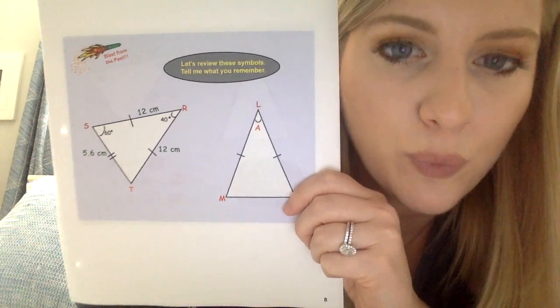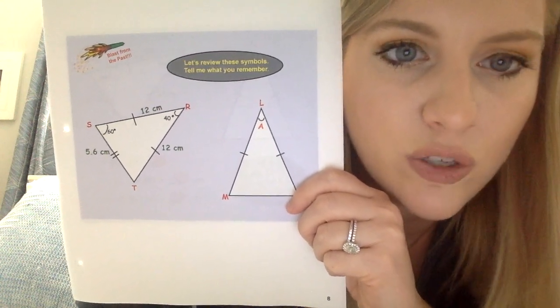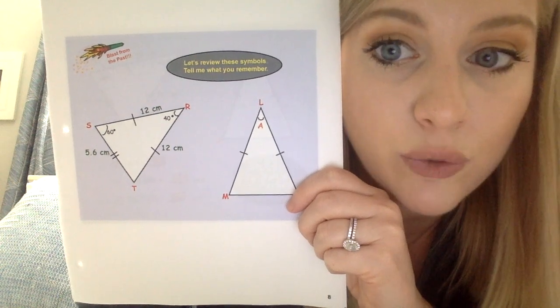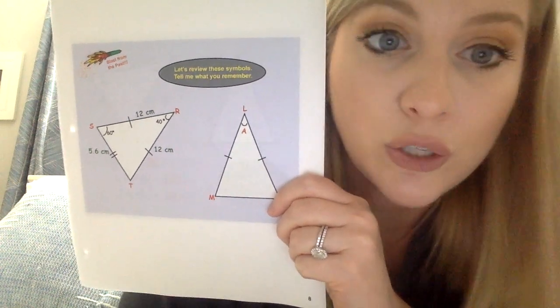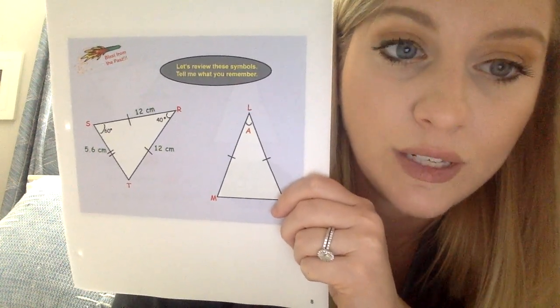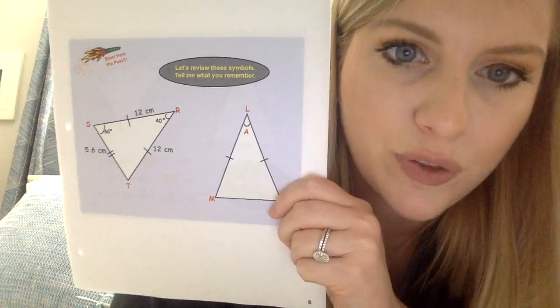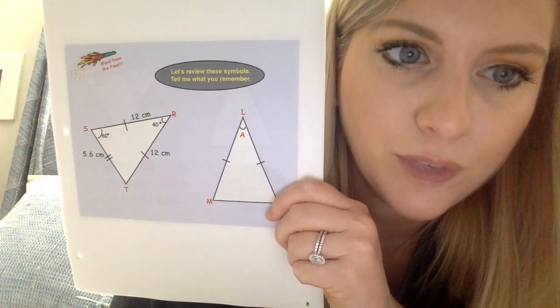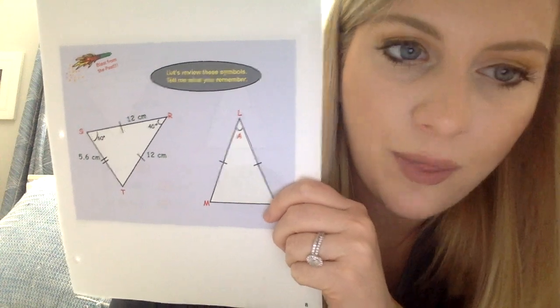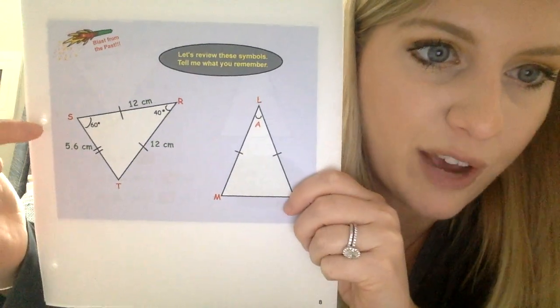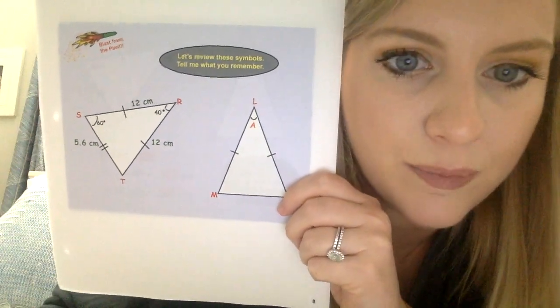Okay, so we have to decide if these two triangles are indeed congruent. You can use a ruler if we needed to measure them. All right. And then finally, at the bottom, we forgot to label 5.6 centimeters. Okay.